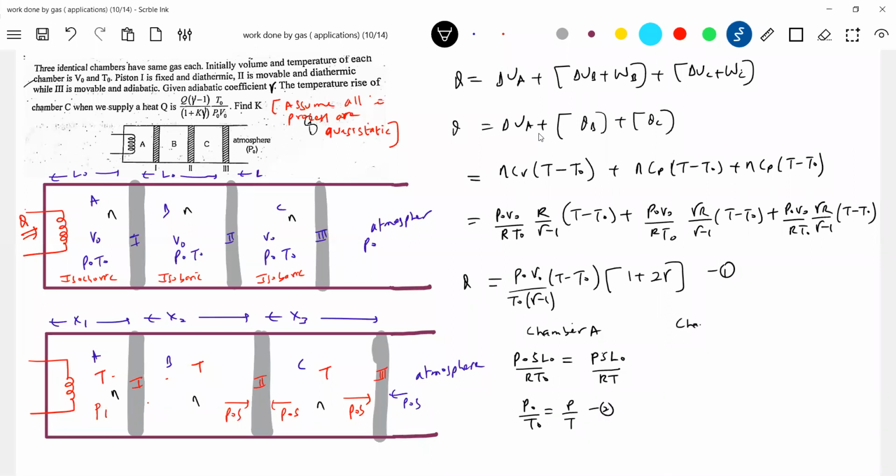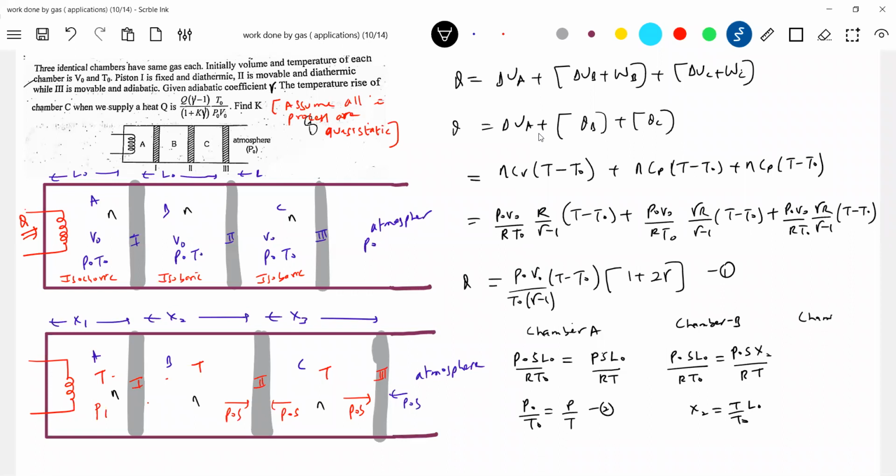Keep in mind, chamber B. Let's see in each chamber, P naught S L naught equals RT naught, which should be equal to, pressure will be P naught only here, S X2, RT. So therefore P naught by T naught is equal to, P naught cancels here. The equation will be X2 is equal to T by T naught into L naught. L naught is what we assumed; later on we can eliminate that also.